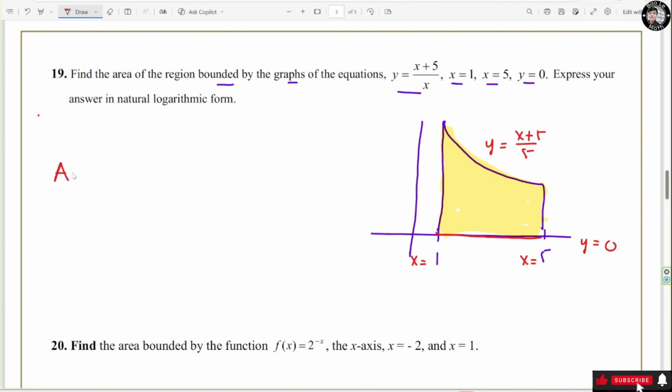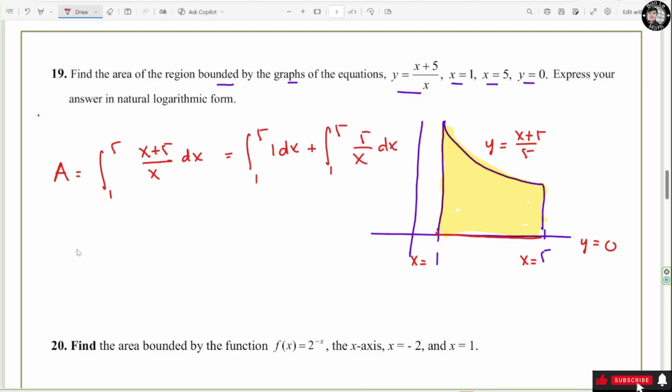So the area is the integral from 1 to 5 of s plus 5 over s ds. Now we just separate this one. It could be the integral from 1 to 5, dividing by s, of 1 ds plus the integral from 1 to 5 of 5 over s ds.